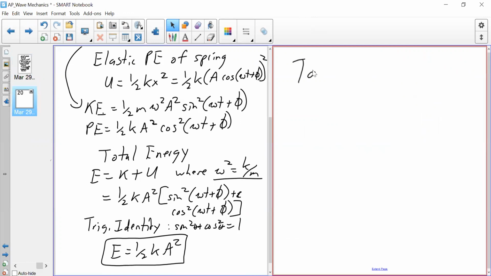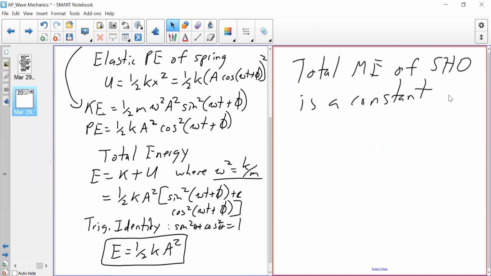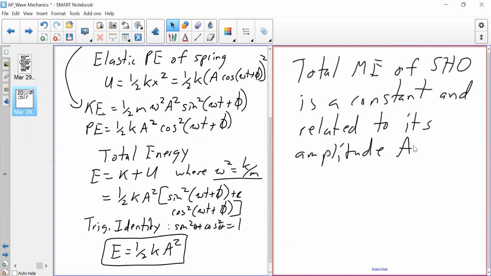So the total energy, or total mechanical energy, of a simple harmonic oscillator is a constant and related to its amplitude. I mean, we can see that clearly here. We know from conservation of energy it's constant, and we see that it's related to the amplitude A.